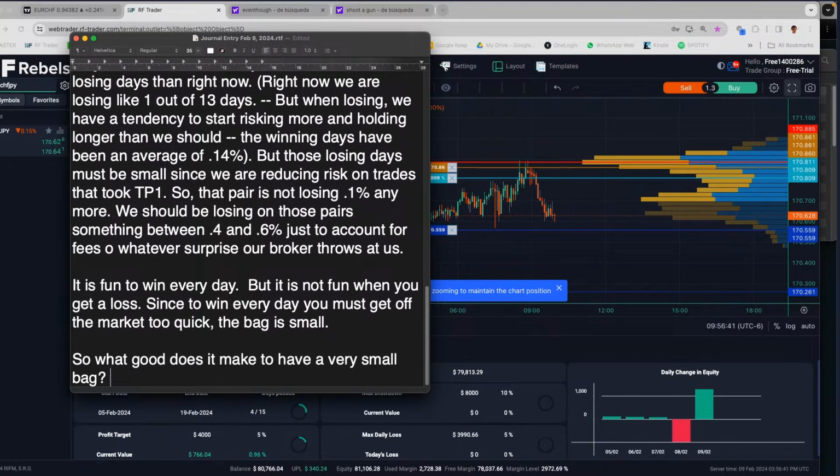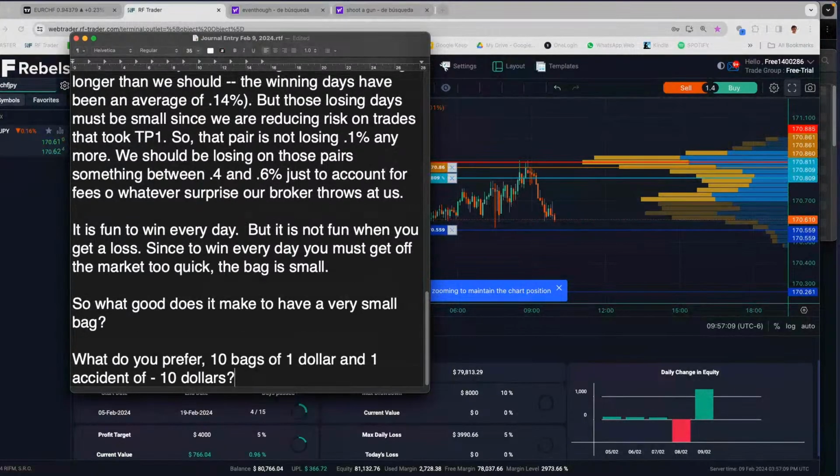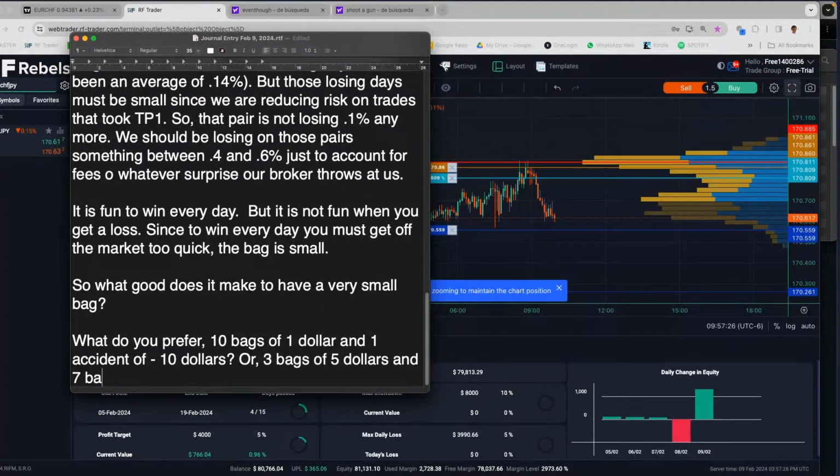What do you prefer? 10 bags of $1 and one accident, or 3 bags of $5 and 7 bags of $2?